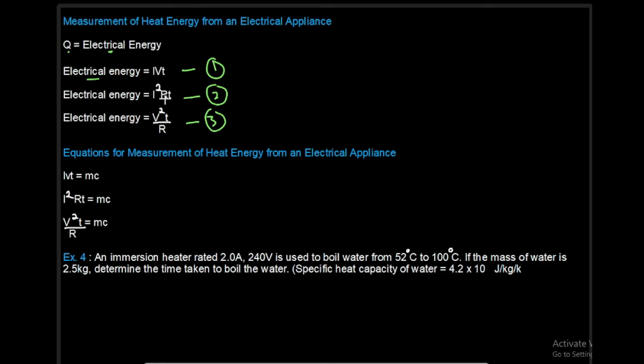So you can write it down. I is current. V is potential difference or voltage. R is resistance.